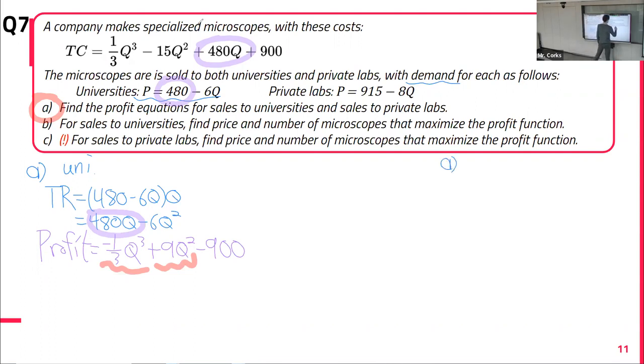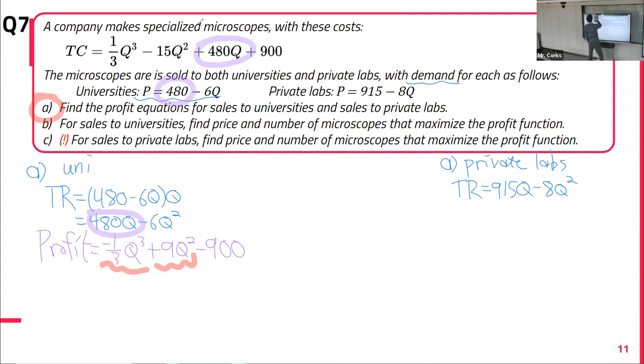So for the private labs, our total revenue function here will be this Q times this thing. So 915Q minus 8Q squared.